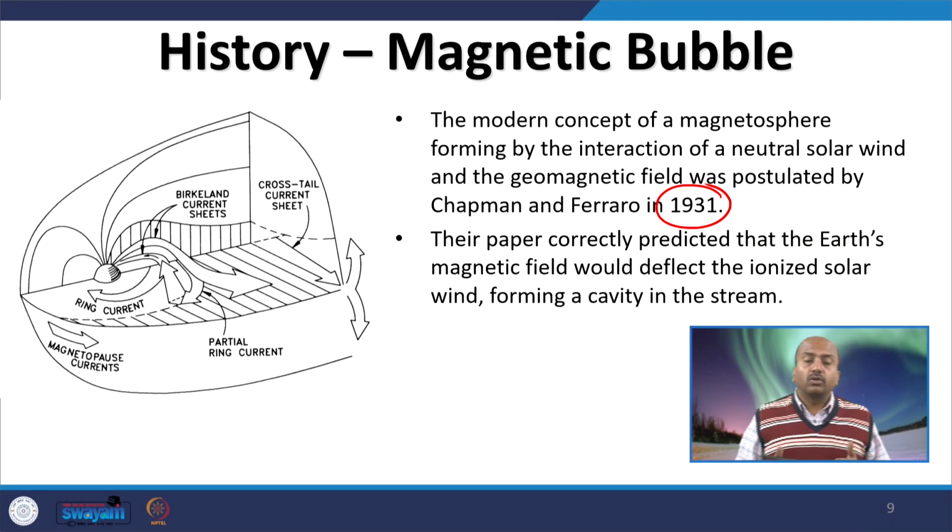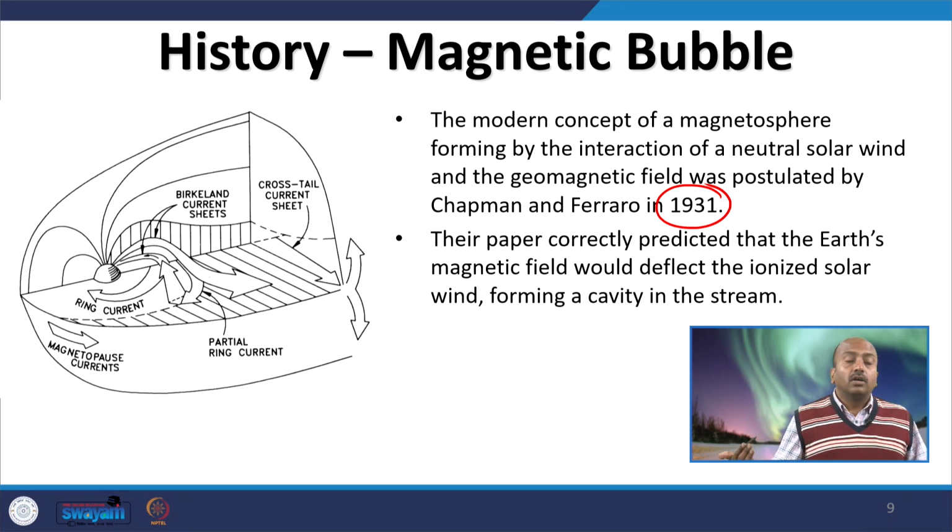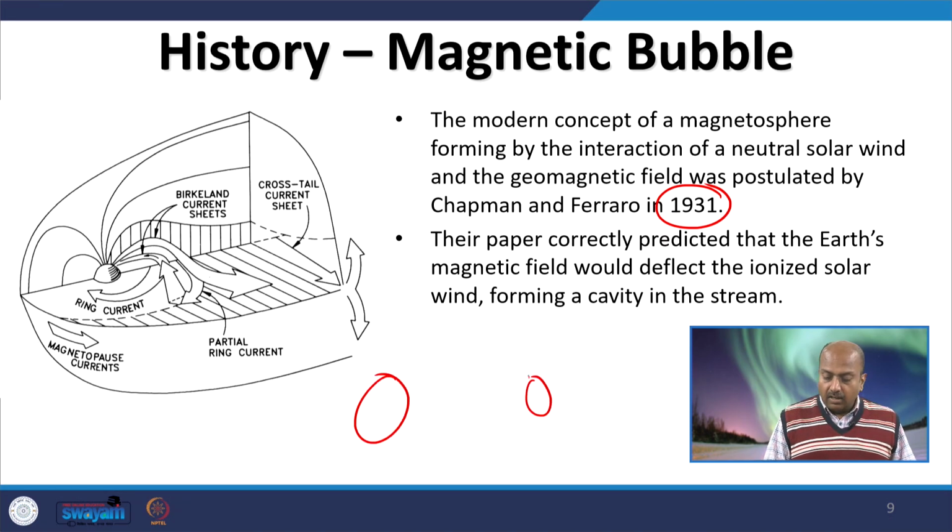So, the boundary of the magnetosphere is basically that line or region where the dynamic pressure of the solar wind, which is because of density and velocity, becomes equal to the magnetic pressure of the Earth's dipolar magnetic field. So, if the dynamic pressure is very large, if you have a very fast solar wind, then this bubble will be compressed, and it can be easily understood that the interaction from the Sun is happening directly on the day side.